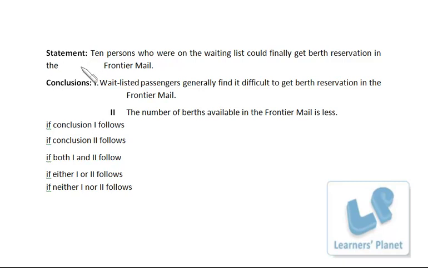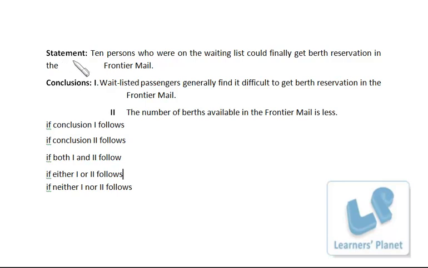Read the statement carefully. 10 persons who were on the waiting list could finally get berth reservation in the Frontier Mail. Now we read the given conclusions and find out whether both of these or one of these can be concluded from the statement. The first one: waitlisted passengers generally find it difficult to get berth reservation in the Frontier Mail.